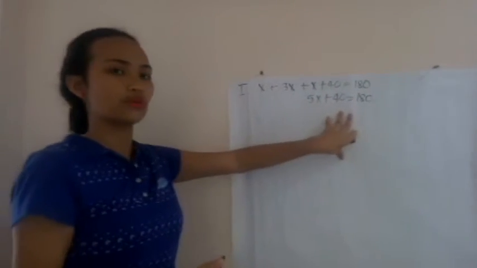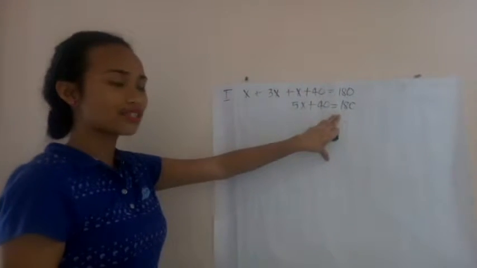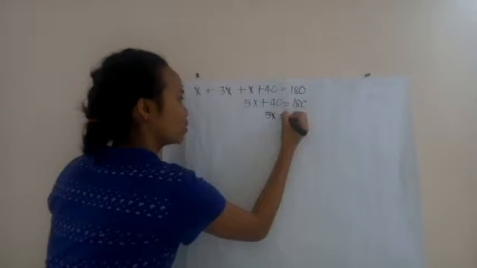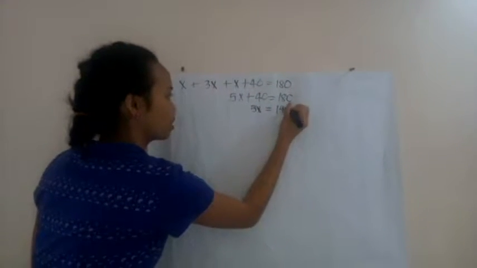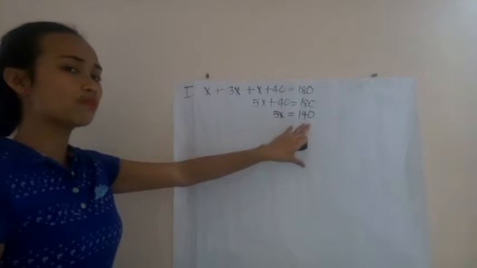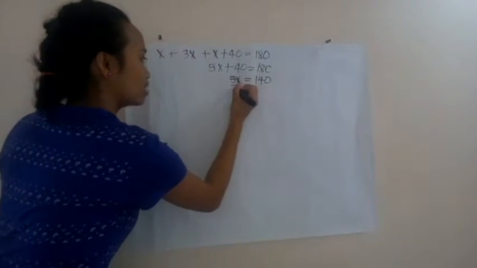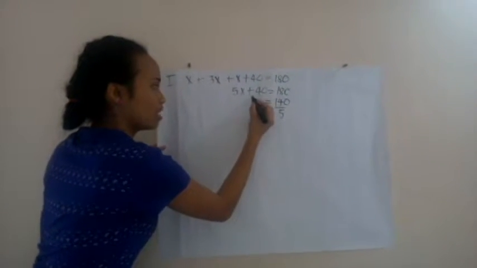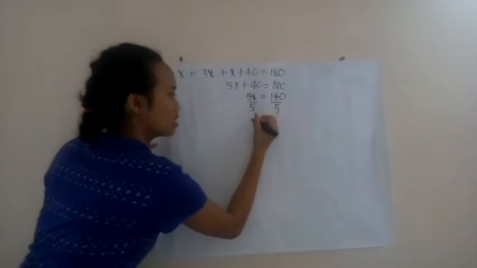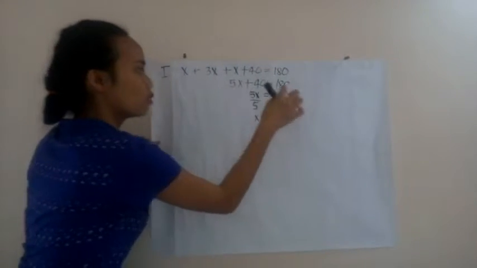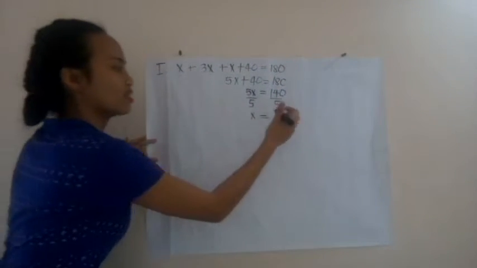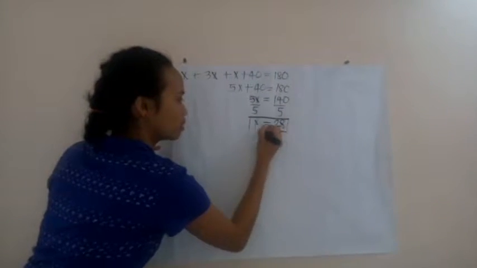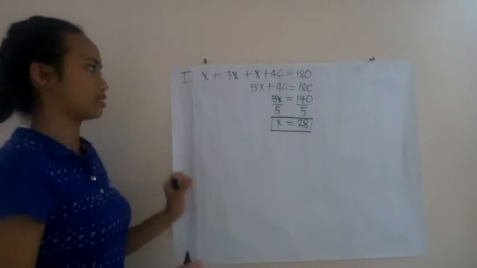Then the next thing to do is to subtract both sides by 40 in order to get 5x equals 140. Divide both sides by 5 to get the value of x. So we have 5 divided by 5 is 1 times x is x equals 140 divided by 5 is 28. So this is the value of the first piece.